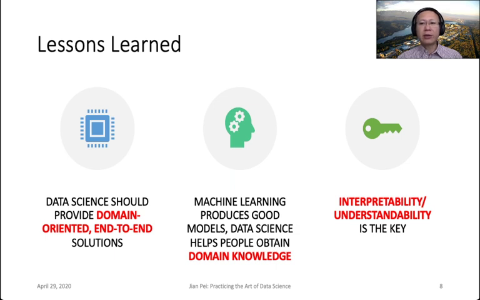Machine learning produces very good models, but data science research helps people to obtain domain knowledge. The last is that in data science development, a very, very critical point is interpretability and understandability.